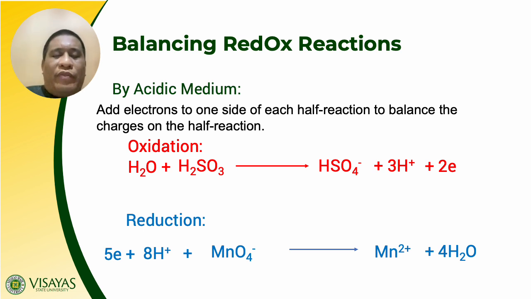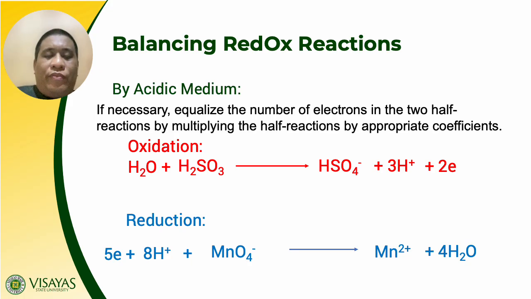Again, we can account for these 5 electrons based on the fact that previously we identified that manganese is +7 in permanganate ion, and manganese 2 plus is of course +2. The difference between +7 and +2 is 5 electrons, which is shown in the reduction half reaction.